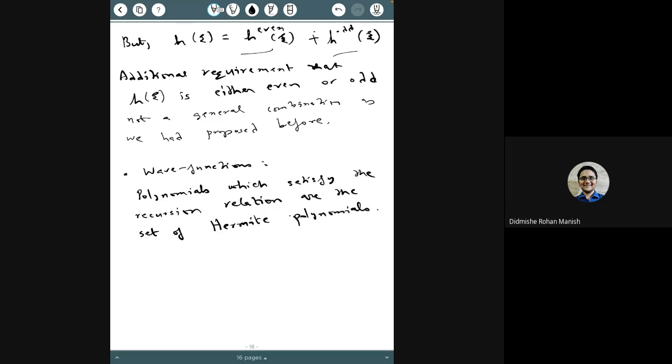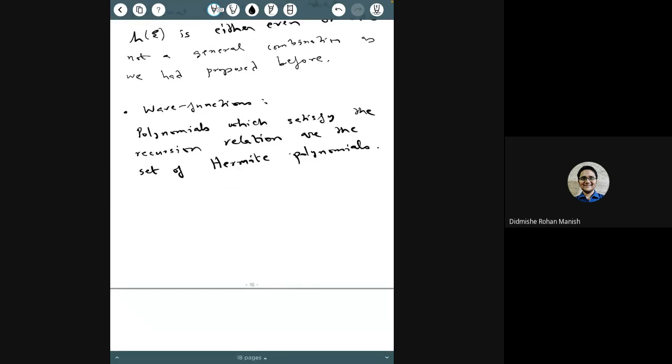And these were discovered or invented, whatever you like to say, much before the harmonic oscillator problem was solved or even tackled. So once you got this recursion relation, you looked back at mathematical literature or some mathematician saw the relation and told you we have solutions to this. And this was the set of Hermite polynomials, which was done by Hermite, I guess. And the set looks like this.